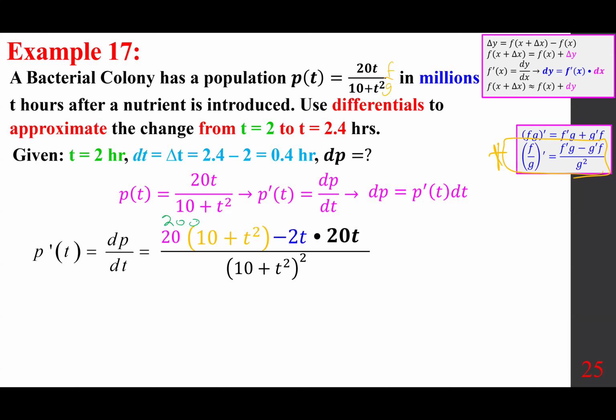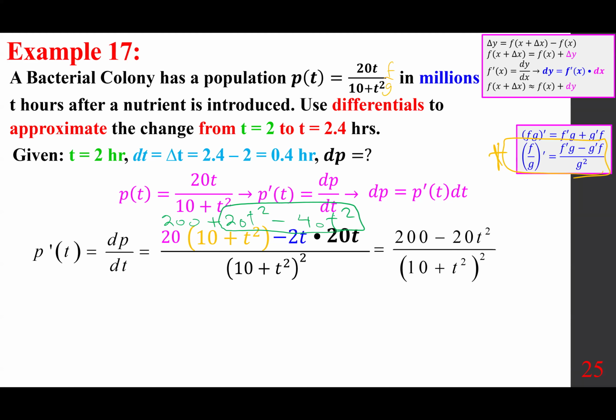We're going to distribute the 20, we get 200 plus 20t squared minus 40t squared. We can combine these two, and the final answer is (200 minus 20t squared) over (10 plus t squared) squared.